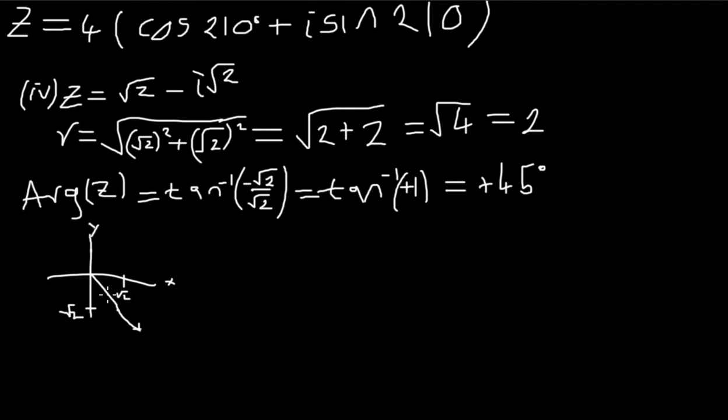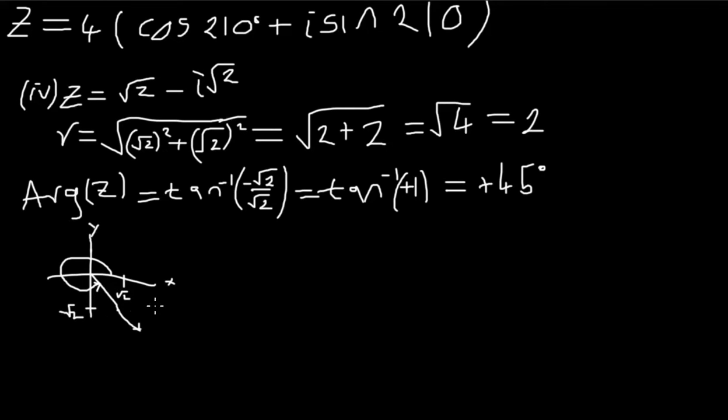Now if I'm getting the angle, how am I going to get the angle? Because measuring angles, we don't go clockwise direction, no, we always go in the positive, which is the anti-clockwise direction. So that is the angle that we are looking for. So how do you calculate this angle?